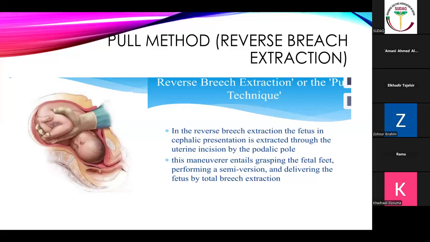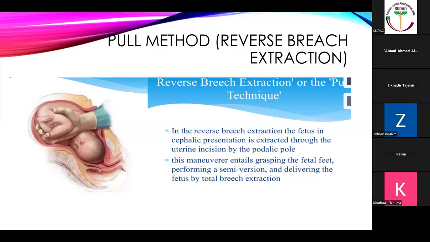Another technical difficulty is there is no liquor. Usually in second stage cesarean section, the membranes are ruptured and most of the liquor is already drained. There is not enough liquor, so the space for any manipulation or movement is difficult.